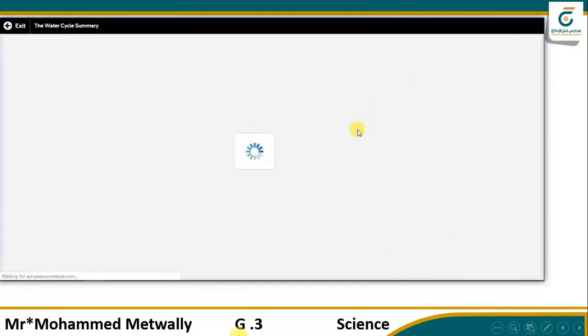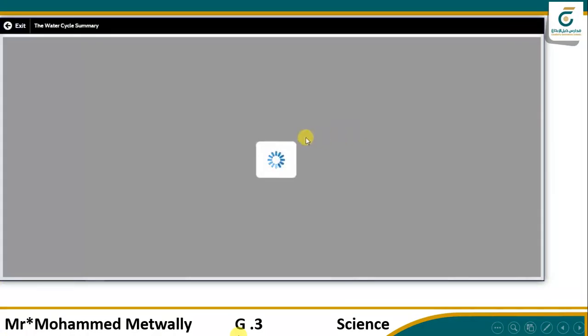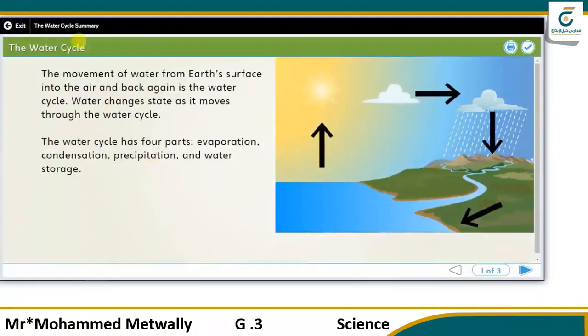It will explain to you the processes inside the water cycle. If you can read with me here and focus more and more: the movement of water from earth's surface into the air and back again, we can call it the water cycle. So the water cycle is the movement of water from earth's surface into the air and back again.